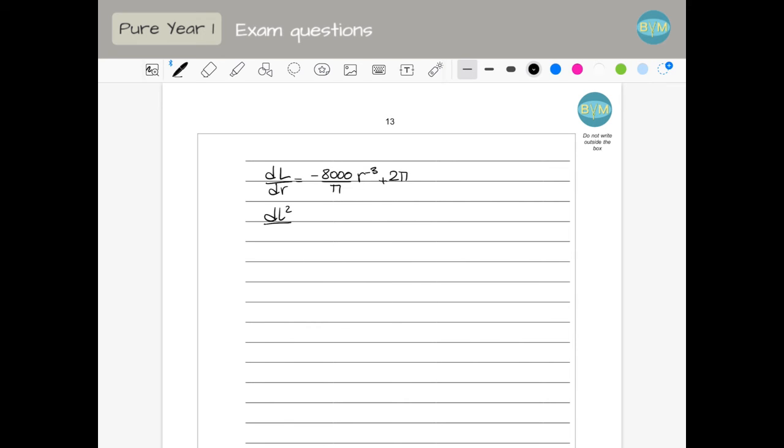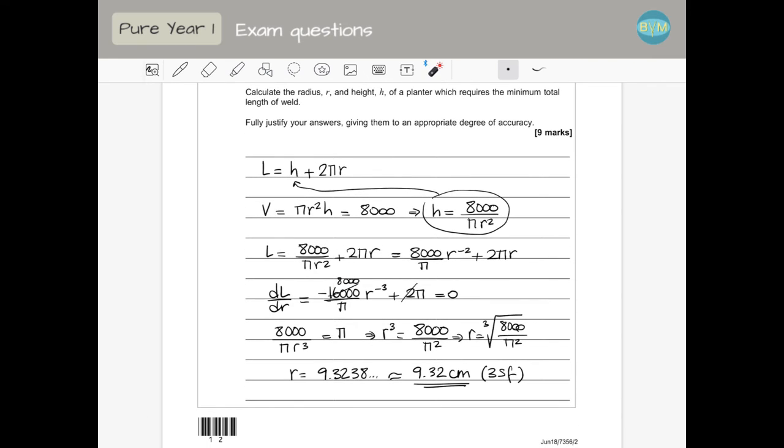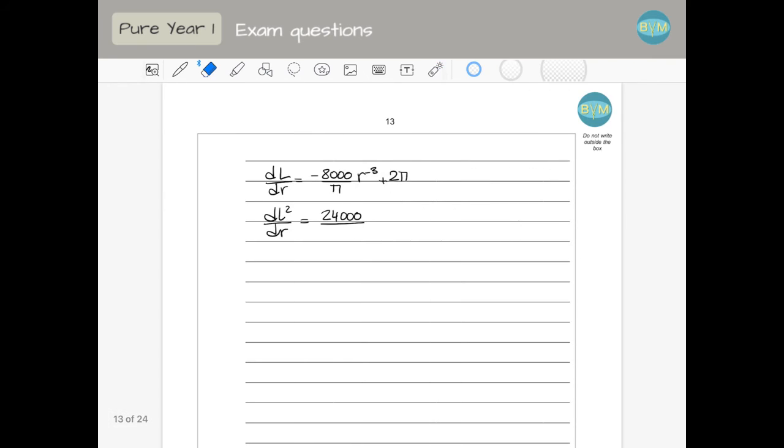Minus 3 times minus 16,000 gives 48,000, divided by pi, and r to the power one less.